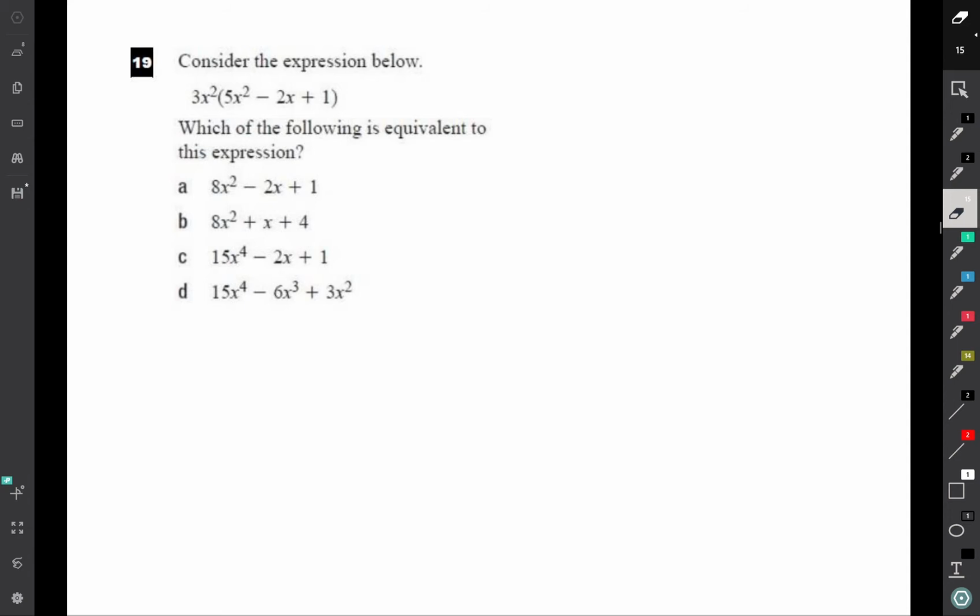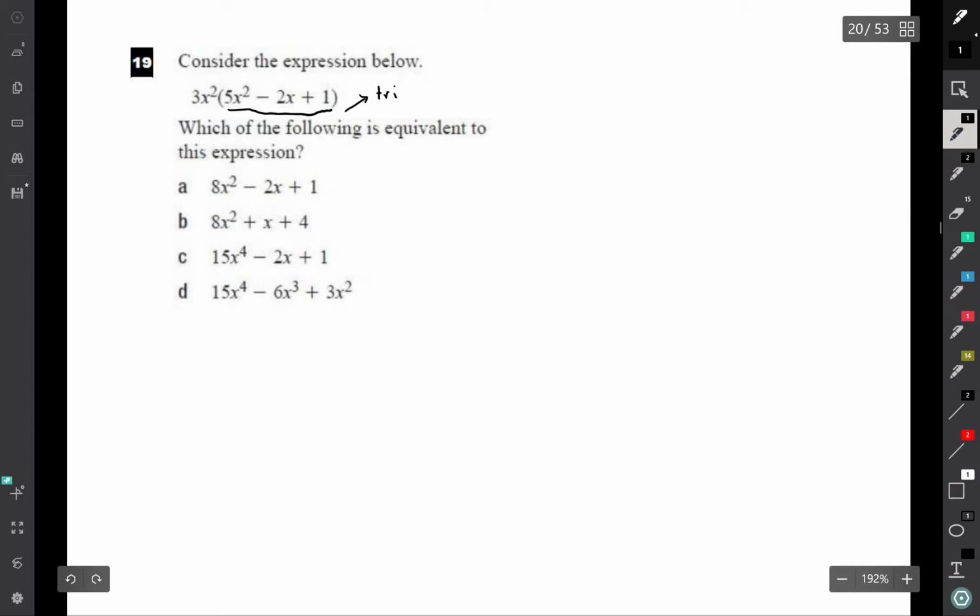Okay, so right now, let me just remind you guys about some vocabulary terms, right? Here we have what we call a trinomial, right? It has three terms, a trinomial, that's being multiplied by a monomial, right?